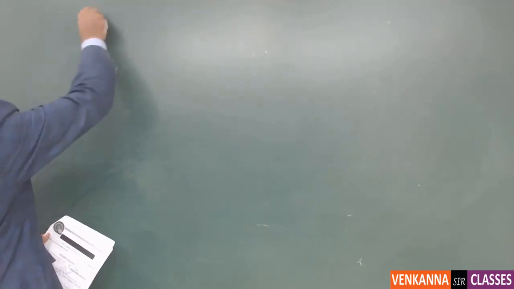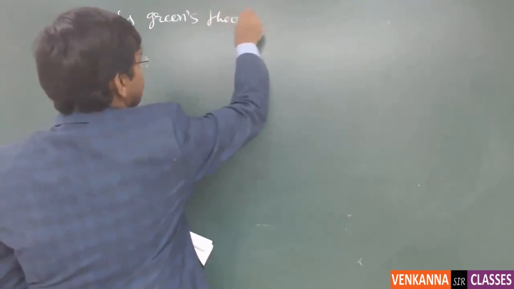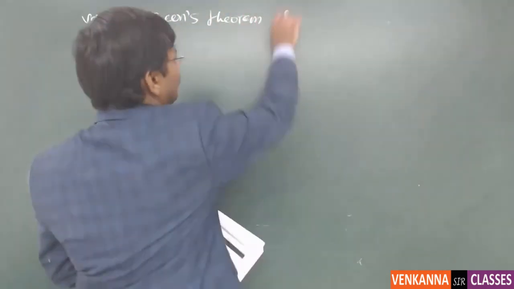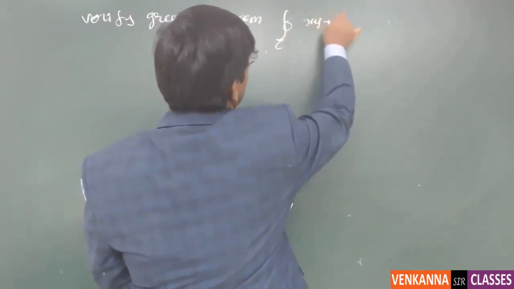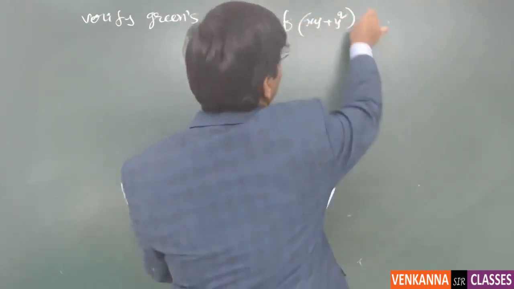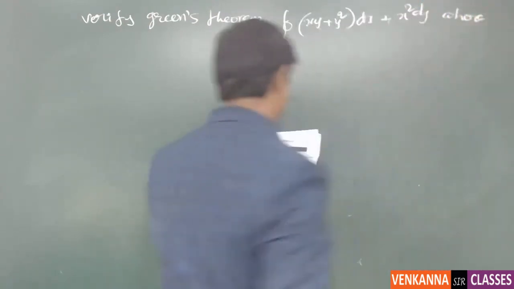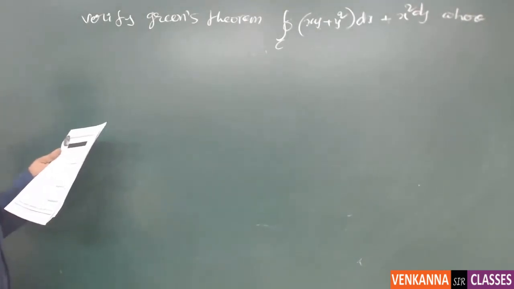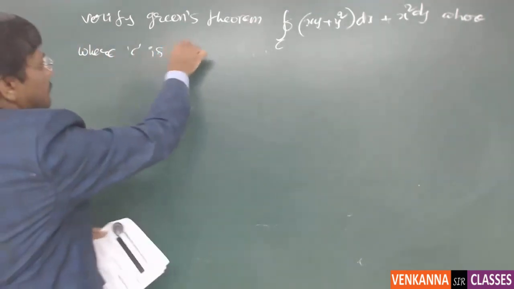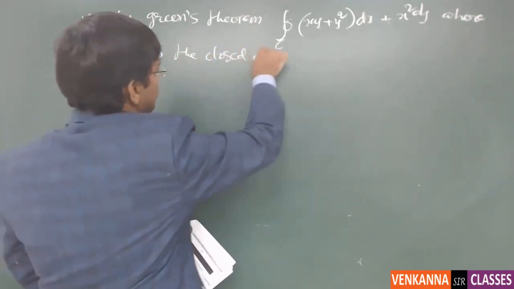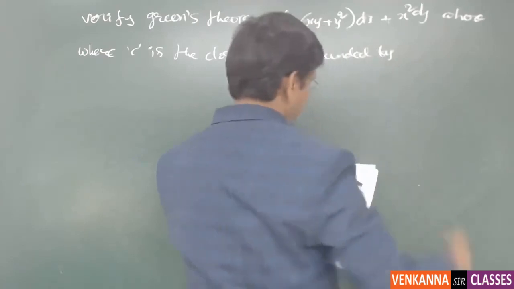Verify Green's theorem: integral over the contour C of (xy plus y square) dx plus x square dy, where C is the closed curve of the region bounded by y is equal to x and y is equal to x square.